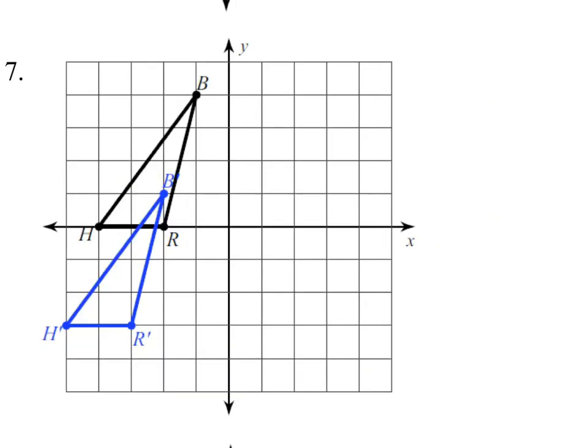And then 7, we have our b up here. This one has the same orientation, BR, BR, BH, BH. So the orientation is matching on both of them, which means this is just a translation. And you need to say how much. This is going just left 1 and then down 3.